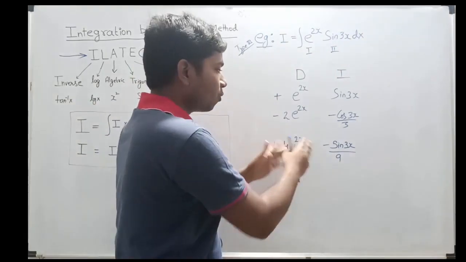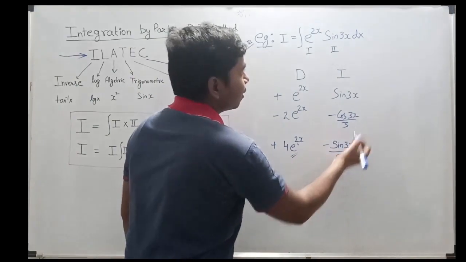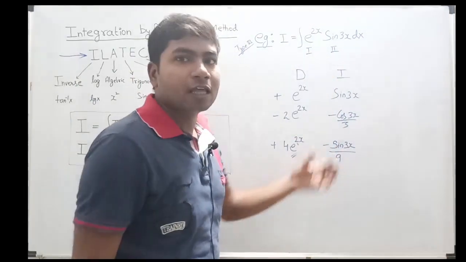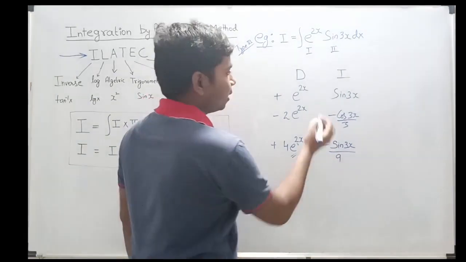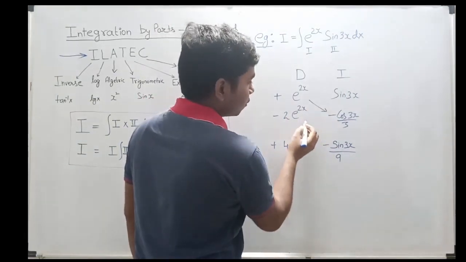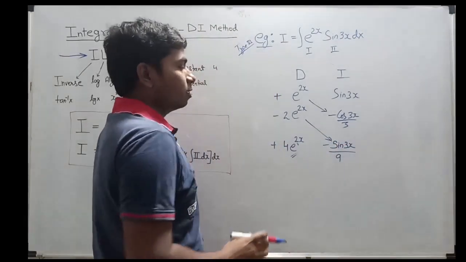So we have to stop here, because if we multiply this e raised to power 2x and sin 3x, we will get the same function as we have in the original question. So what we have to do, we have to write similarly this function, and we will multiply these two functions. So let's see.